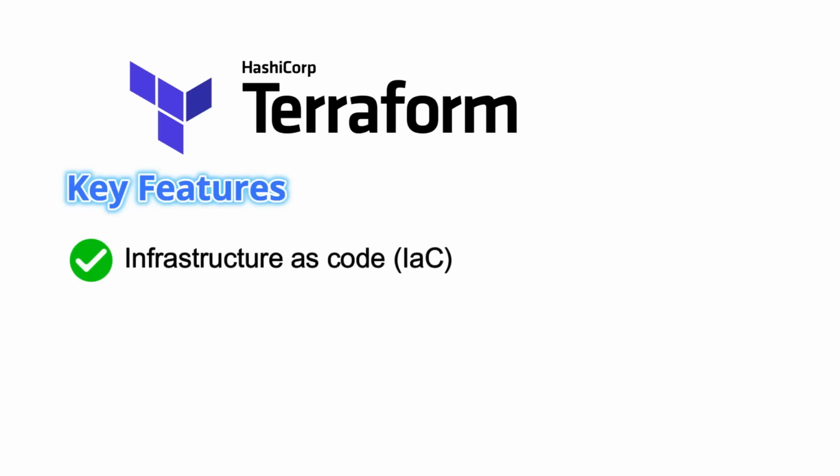Infrastructure as code. Terraform allows you to define your infrastructure as code, which enables you to version and manage it like any other software code. Multi-cloud support. Terraform supports multi-cloud providers and services, enabling you to manage your infrastructure in a consistent and unified way.